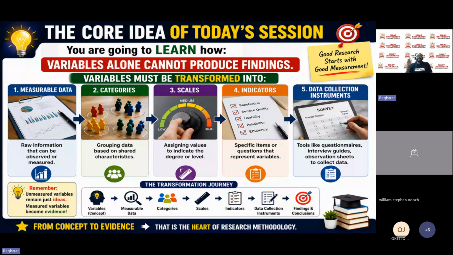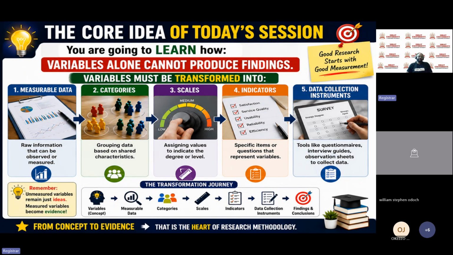we are going to learn not only variables, because people think that if my variables are good, then things are fine. No, we should learn how these variables must be transformed into indicators, or to say, how these variables must be transformed into measurable things.